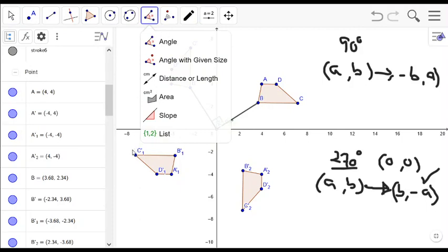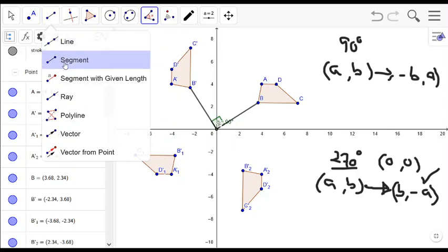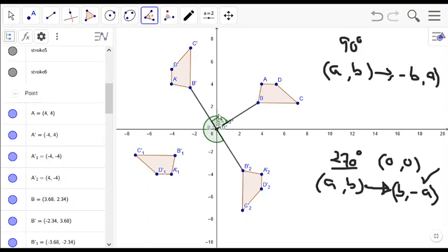First of all, I can have the line segment here. I join from B to the center, and another segment here. We want to see this angle. So if I go to the angle, I check this through the center to that.